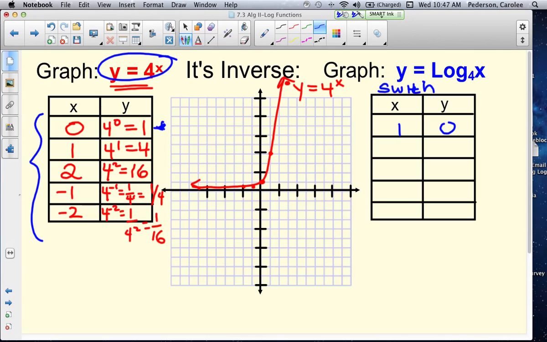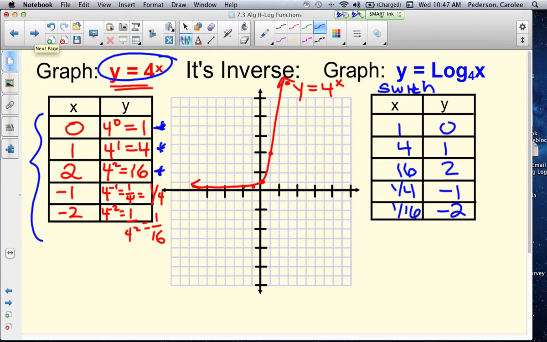That's coming from 0, 1. Our next ordered pair is going to be 4, 1. That's the interchanging of 1, 4. Then the next one is 16, 2. That's the flip-flop of 2, 16. And then we have 1/4, negative 1, and 1/16, negative 2.